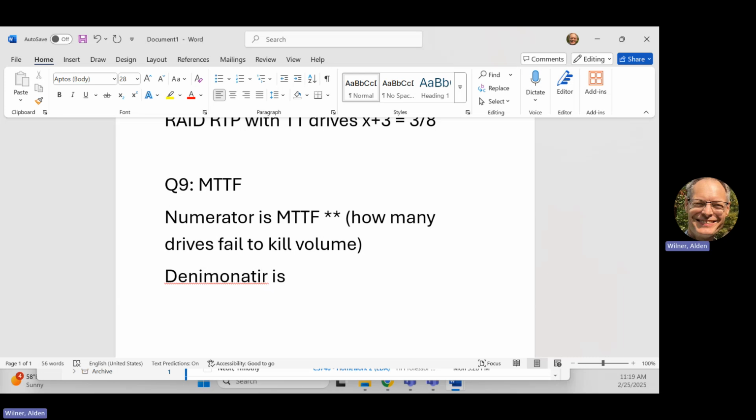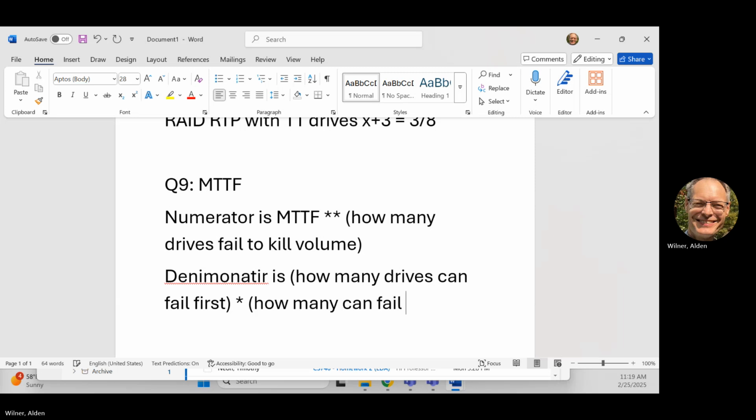Denominator is how many drives can fail first times, so however many drives we need to fail to kill that, right? We actually have to kill that many drives. Fine, we'll go ahead and fix it.